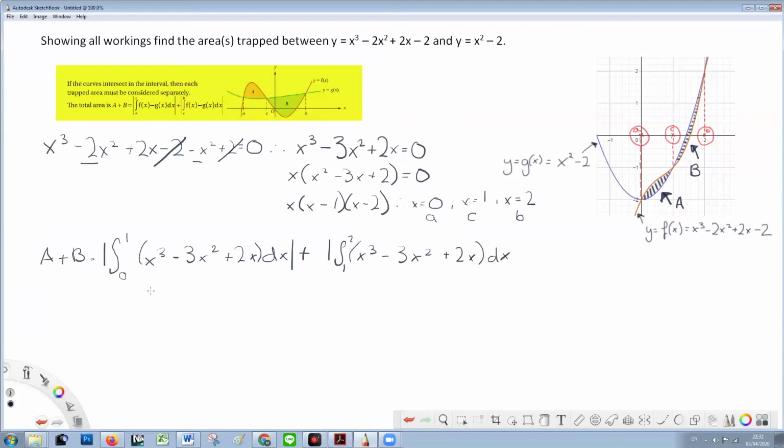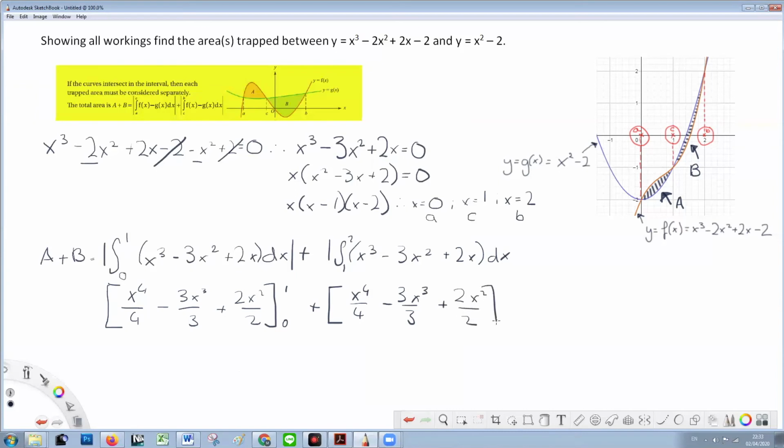And integrating them very quickly, you get x to the 4 over 4 minus 3x cubed over 3 plus 2x squared over 2, evaluated from 1 and 0, plus the same thing, x to the 4 over 4 minus 3 over 3 x cubed plus 2x squared over 2, and this time I'm left with 2 and 1.